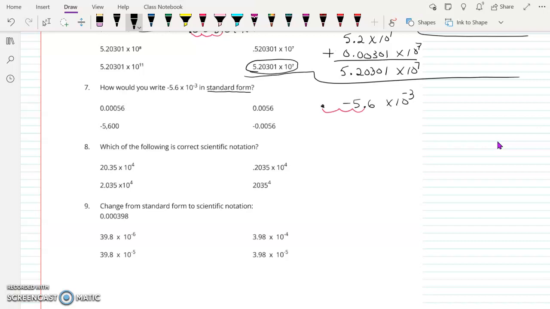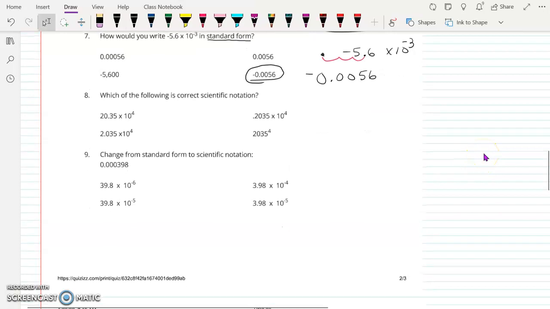And we would stick some zeros in there for placeholders. Moving the decimal does not affect whether it's positive or negative. So negative 0.0056 is the correct answer.